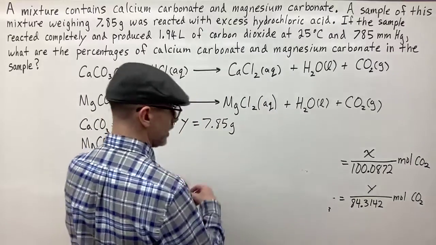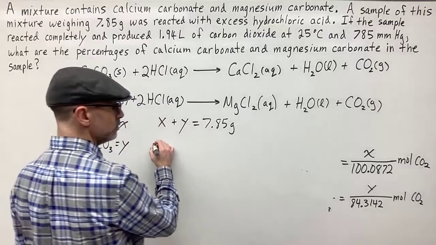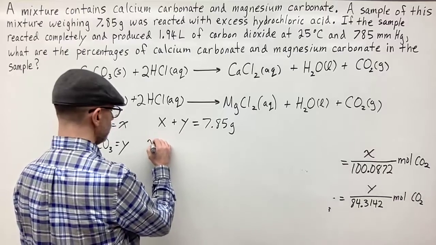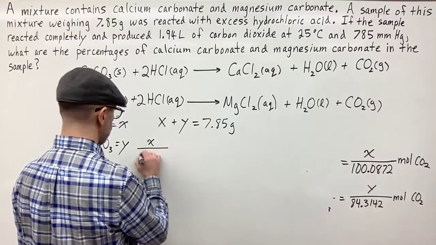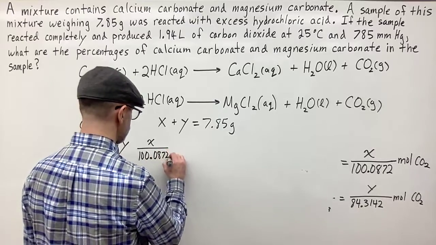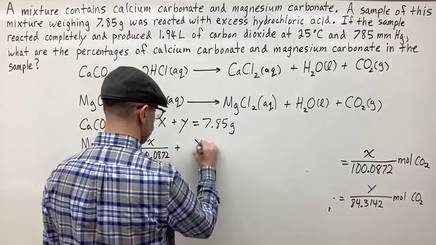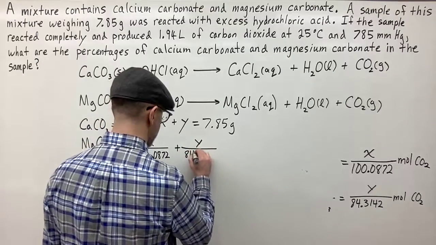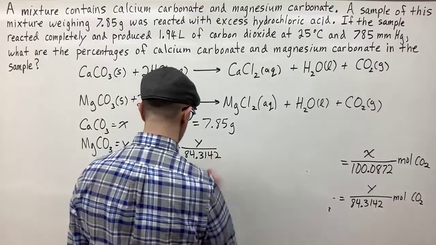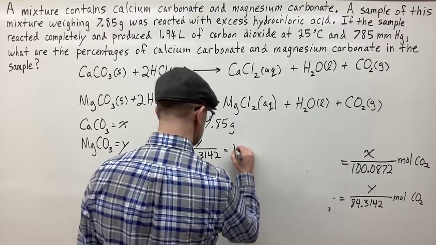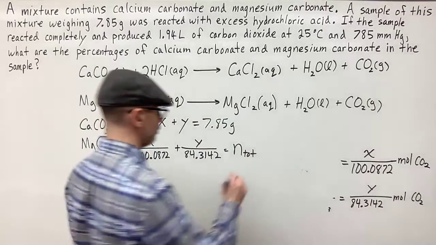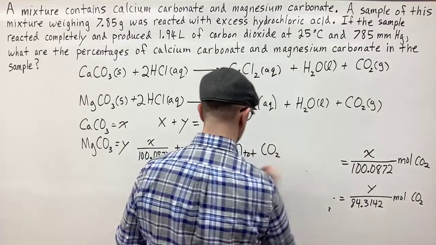So basically our second equation is going to be X over 100.0872 plus Y over 84.3142 is equal to the total number of moles of carbon dioxide.